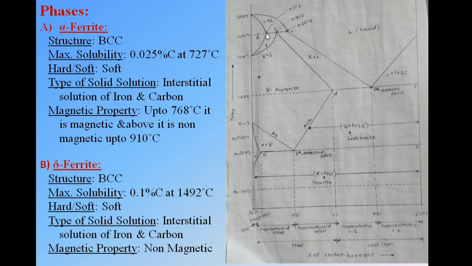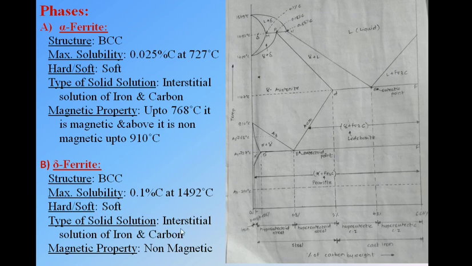This is 0.1% carbon at 1492 degrees Celsius. Next, whether it is hard or soft. As this is a phase of steel, it is a softer one. Okay, then type of solid solution.